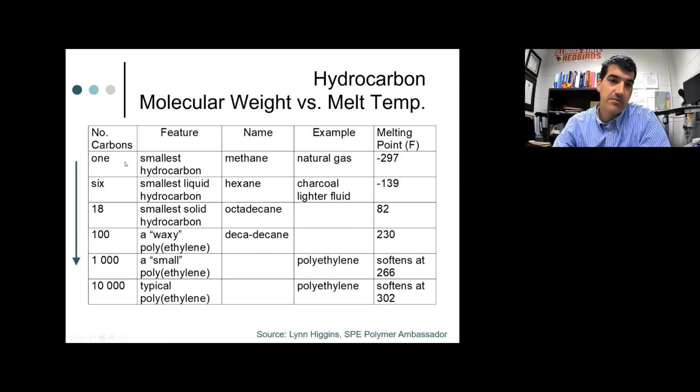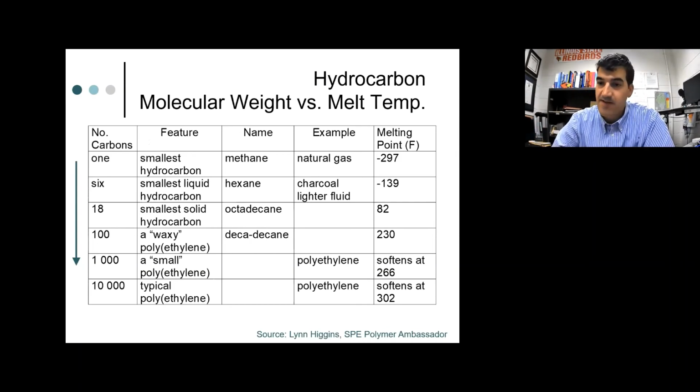But what I want to point out here in this table is that as you get more and more carbons, the molecules get longer and longer, and thus you get stronger and stronger intermolecular bonds because they all add up. Individually they're very weak, but as the molecules get longer, you have more attraction between these molecules through intermolecular or van der Waals forces.